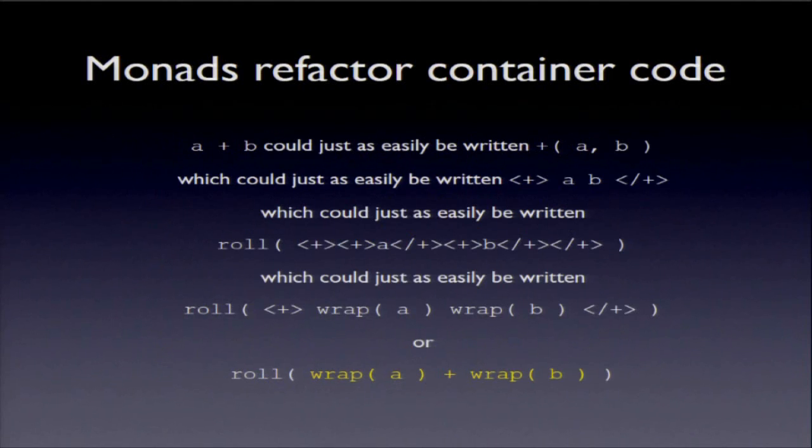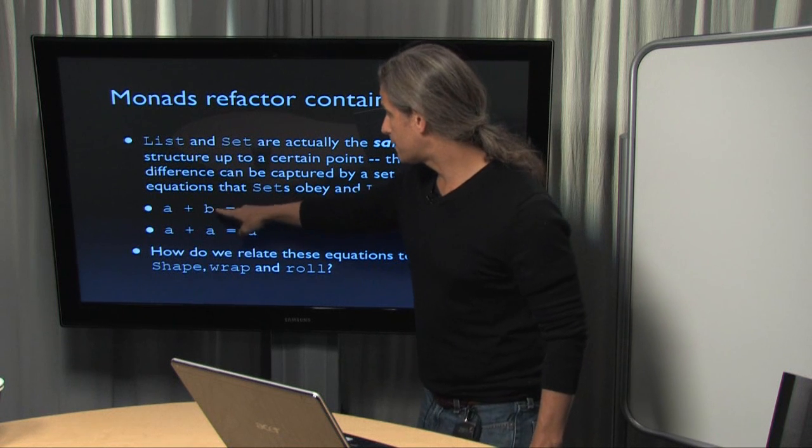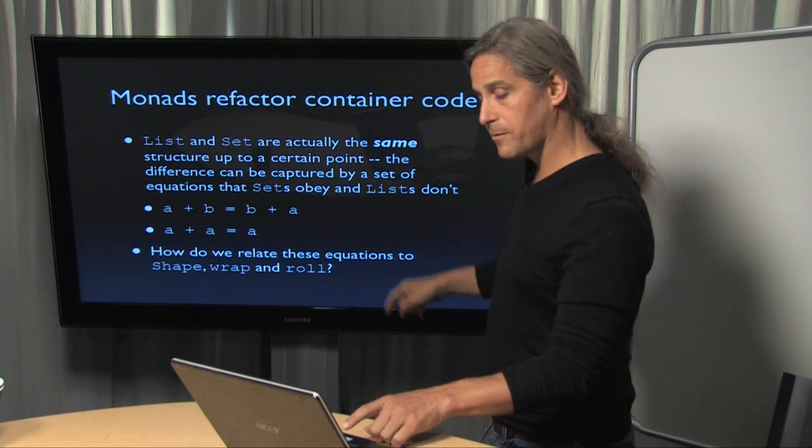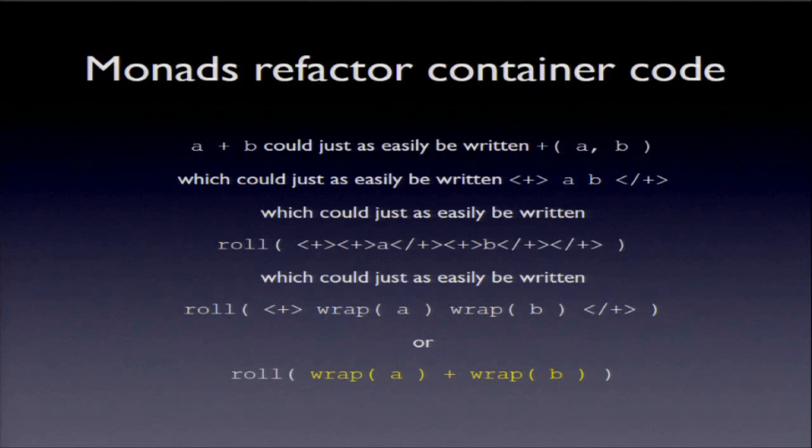Okay, so what I'm going to do is show you a syntactic transformation which is going to relate these equations here to the shape, wrap, and roll stuff. Honestly, this syntax modification is how I bootstrapped my own understanding of monads.